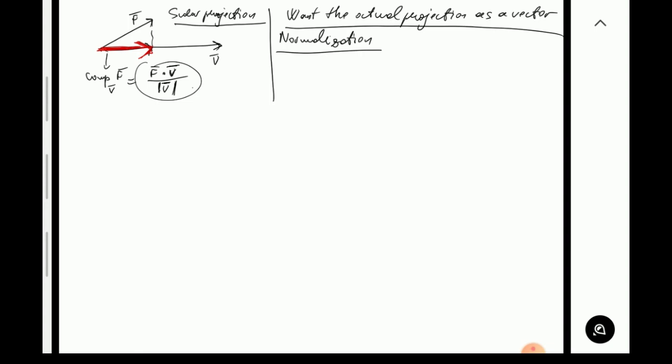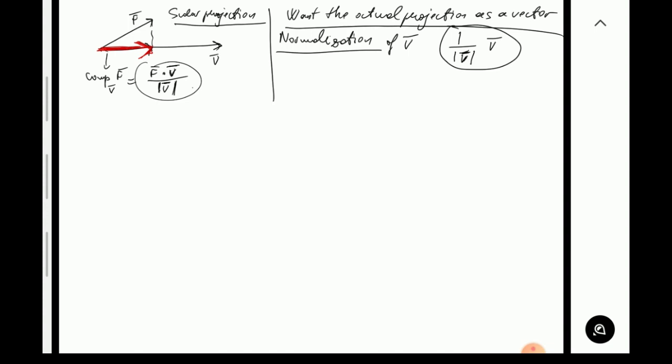So the first step is normalizing V, so that I can basically take only the direction of V. Normalizing means creating a unit vector in the direction of V. Remember, you achieve this by scalar multiplying the vector V with 1 over its magnitude. So by dividing, if you want to use an abuse of language, because we don't have division of vectors, right? When I say divide V by the magnitude of V, that's an abuse of language.